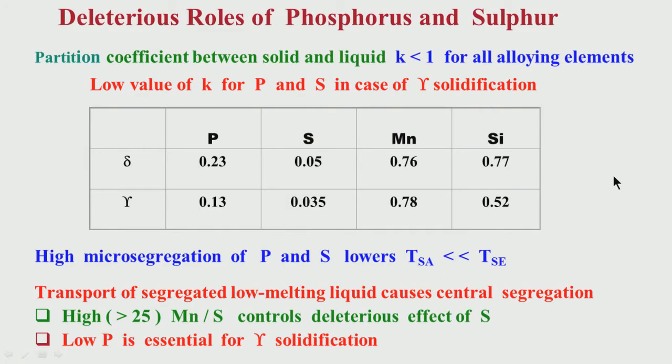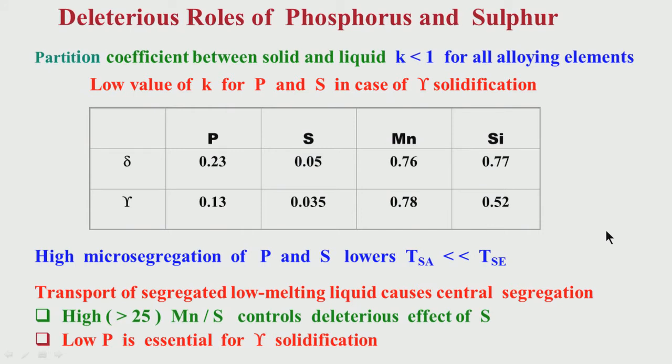Now I have also mentioned that fortunately, for the deleterious effect of sulfur, there is a savior, which we know as manganese. Manganese reacts with sulfur and forms manganese sulfide.